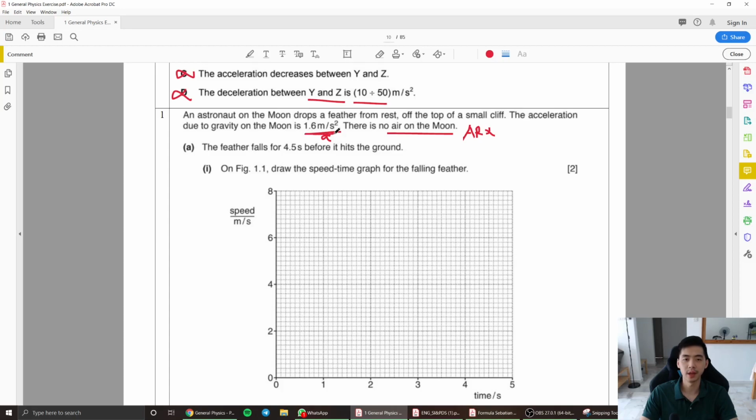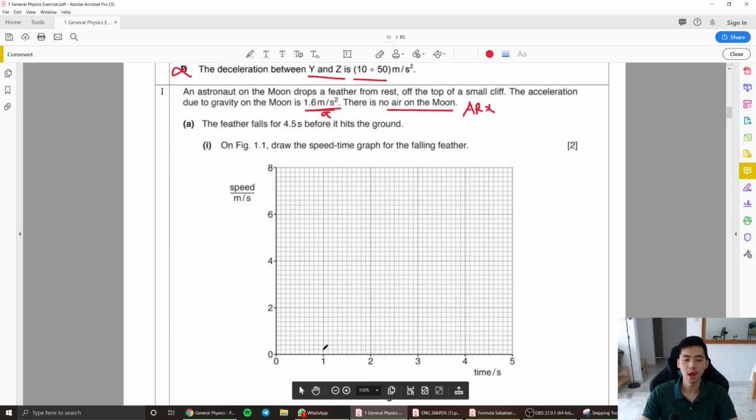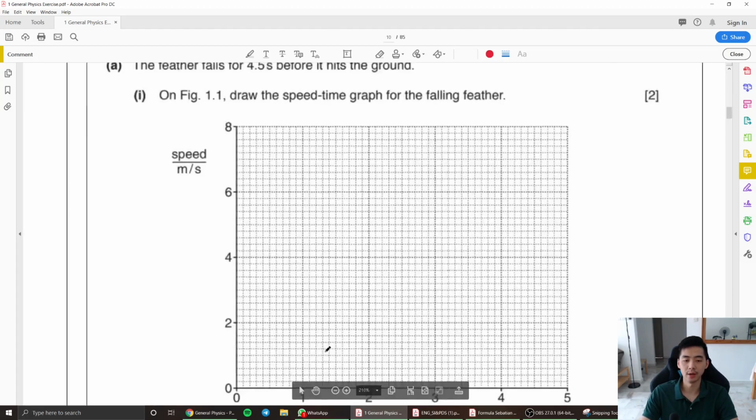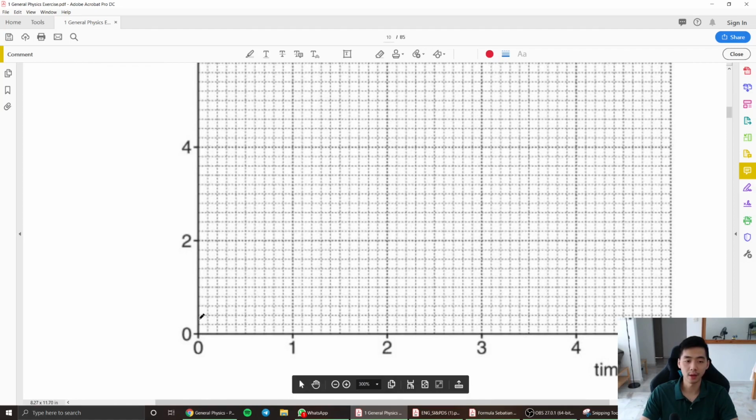Now, if they say that the acceleration is 1.6 meters per second squared, it means to say every second that goes by, the speed will increase by 1.6. Now, there are 2 ways to attempt this question. Number 1, you could scroll in real hard and you'll find that this is 0.2, 0.4, 0.6, 0.8, 1, 1.2, 1.4, 1.6.